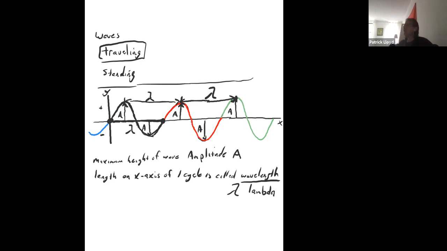Now, it turns out that wavelength and amplitude have definite meaning in our experiences. When it comes to electromagnetic waves, the amplitude is essentially related to the intensity of the light.